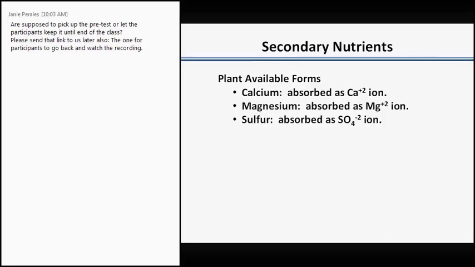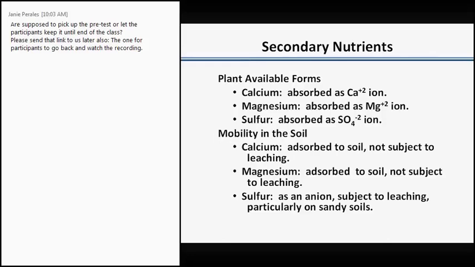Sulfur is an anion, and so it has a net -2 charge, and so we're looking at something that can be repelled by the cation exchange sites. It also reacts very well with calcium, magnesium, and most of the other metals or cations that we have in soils. Calcium sulfate is gypsum, magnesium sulfate is Epsom salt, and so we have both of those in the soil.